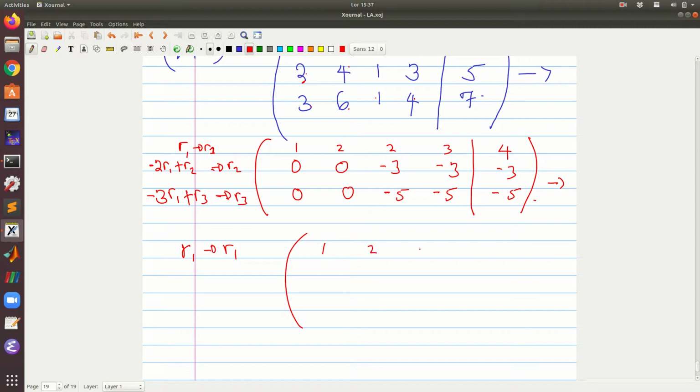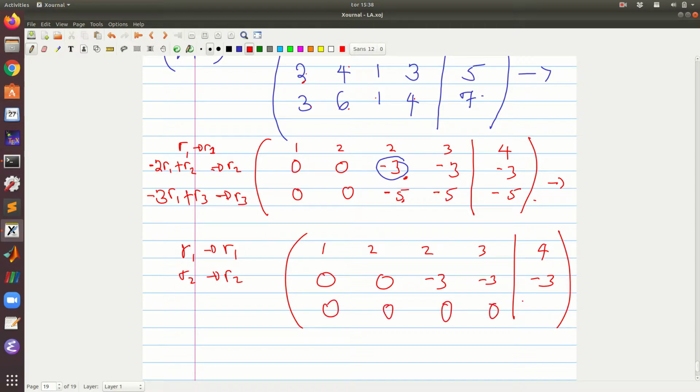Row 1 goes to row 1: 1 2 2 3 4, and then the -3 is our new pivot. There's nothing we are going to change here, we simply write it as it was. Whatever we do to this -3 to set the -5 to 0, it's going to affect everything in that row, so everything there is going to be 0.